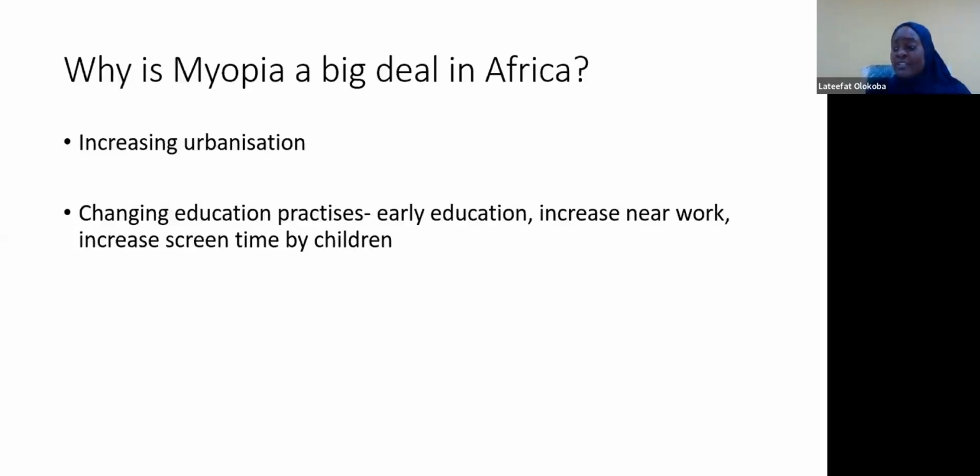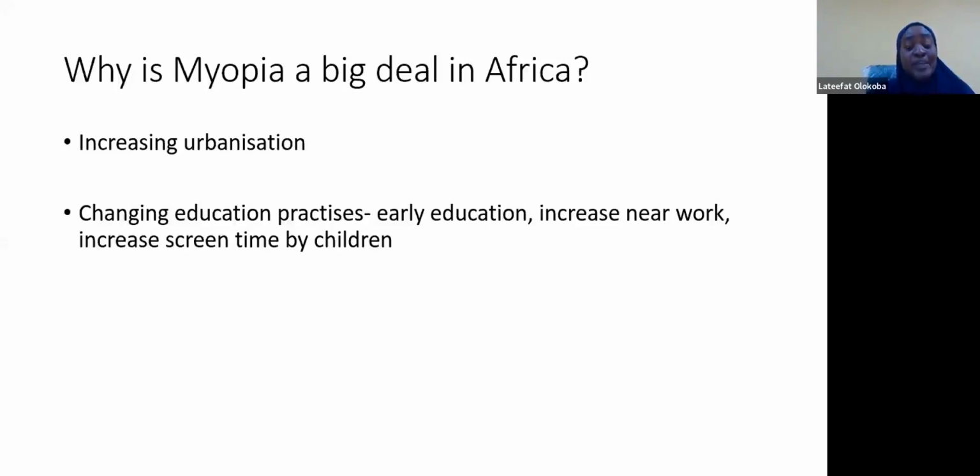Increased urbanization has been identified as one of the factors that led to the myopic boom that is experienced in Asia. So gradually, with increased urbanization, Africa too is tending towards the myopia epidemic that is currently being experienced in Asia. Also, we have changing educational practices. Our children start school as early as 2 years of age. We have increased educational demand from the children.